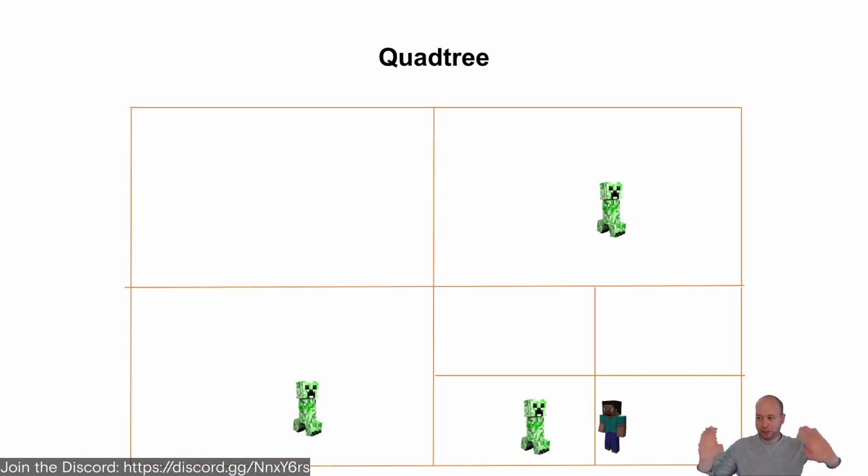So instead of splitting up our world into a grid, we only split it when we have to. You can think about a quad tree as a data structure, and in this case it's actually a tree, but it has four quadrants. So your node gets split up into four: top left, top right, bottom left, bottom right.